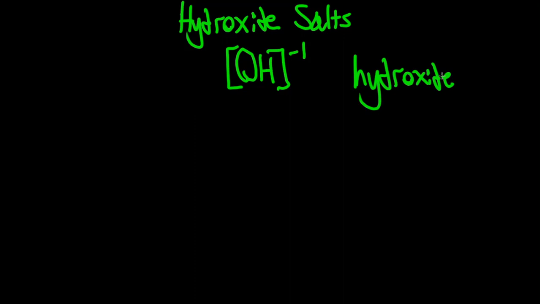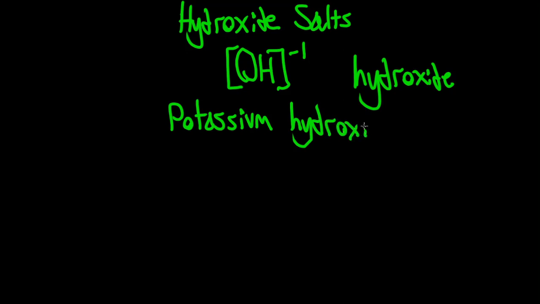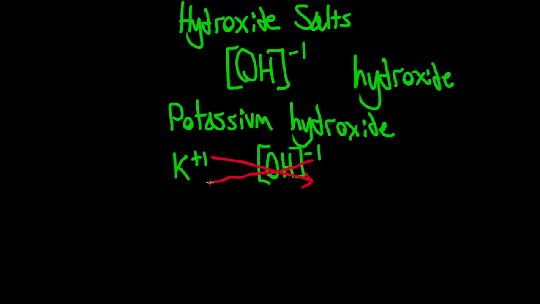All right. So the first example we're going to do is going to be potassium hydroxide. As we've seen by now, potassium is going to have a charge of +1, and like we talked about up here, OH is going to have a charge of -1. And just like before, we're going to do the crisscross method, but I shouldn't say everything, this +1 charge goes across the entire OH.